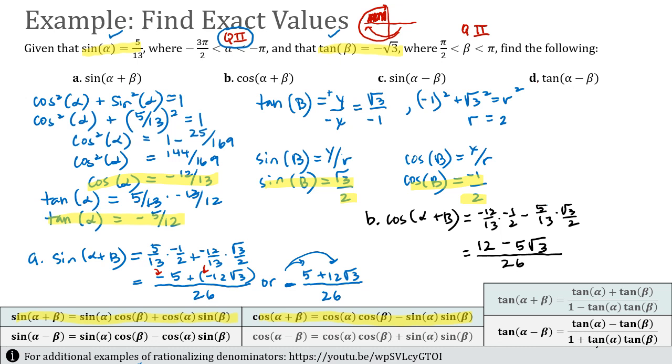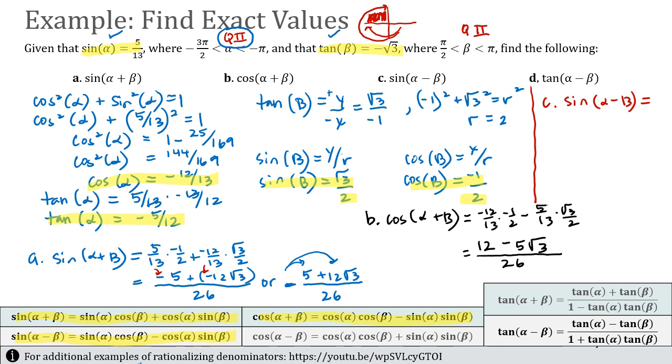Let's see if I can squeeze one more in, and I'll do this one in red. All right, part C says, what is the sine of alpha minus beta? What does that equal? The sine of alpha minus beta has been given to us as the sine of alpha.